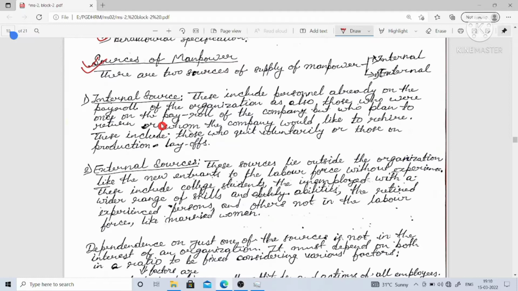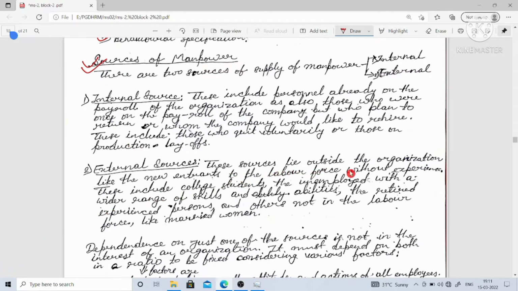This includes those who quit voluntarily or those on production layoffs. It may be possible that due to some circumstances some employees quit voluntarily, or some were laid off due to environmental factors or fluctuations in the market. Those combined form the internal source of manpower.